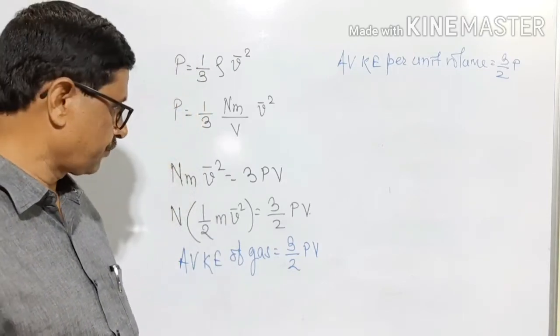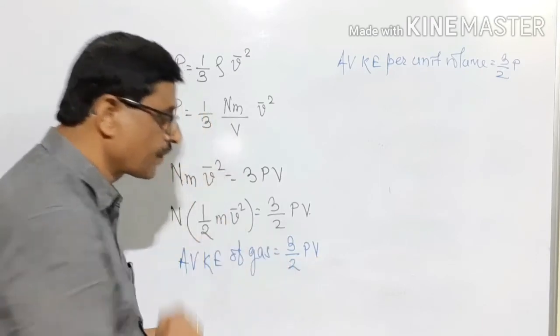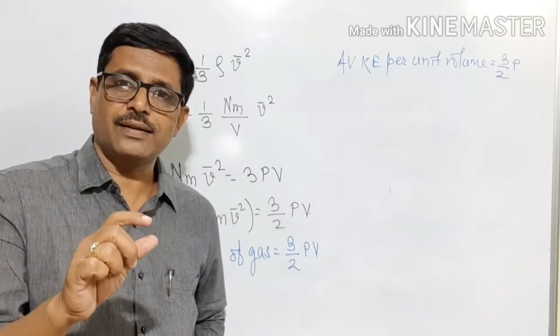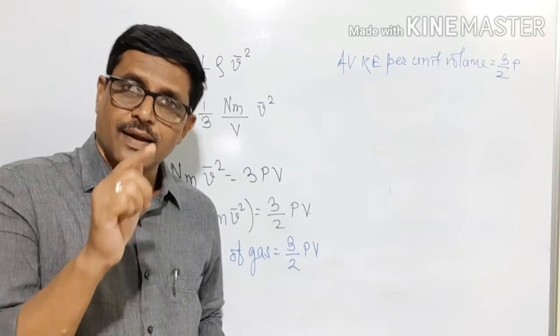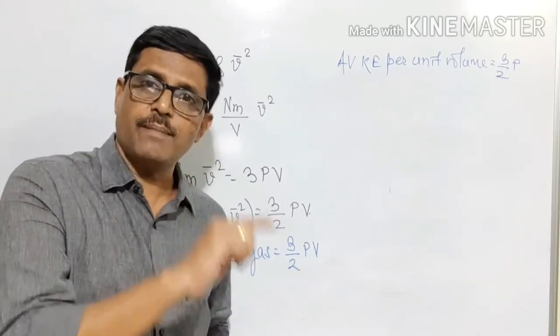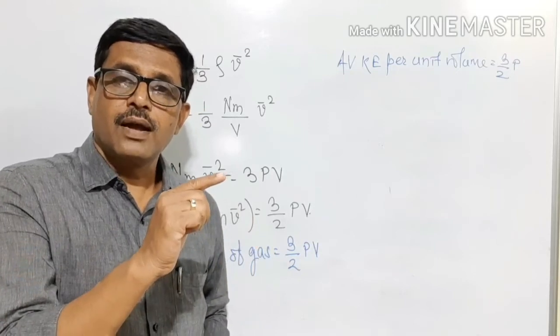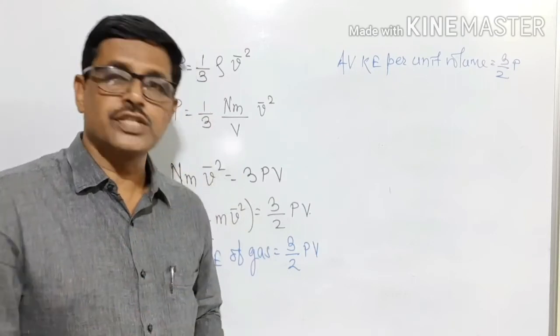Then, in this equation, if the mass of gas we are considering is the molar mass, then the number of molecules present in the gas is Avogadro's number.